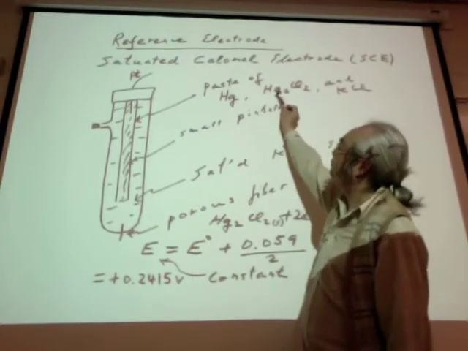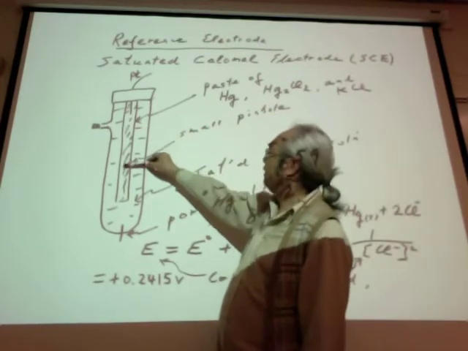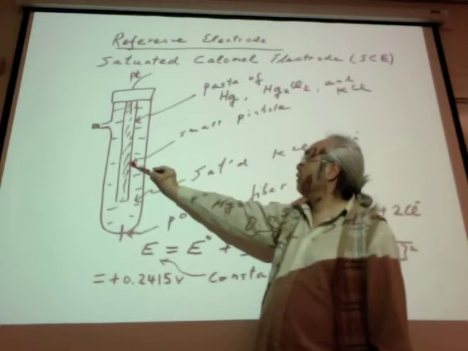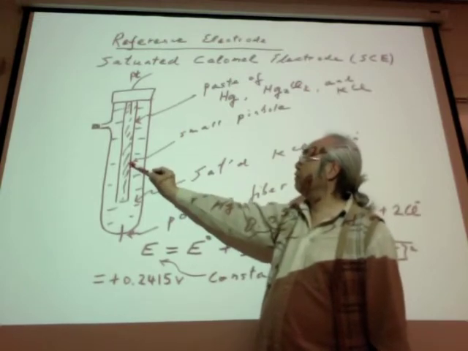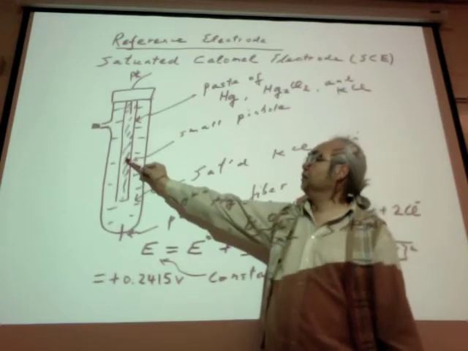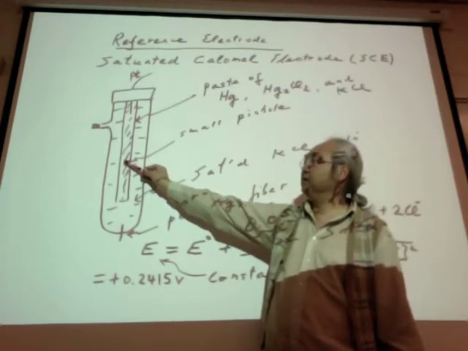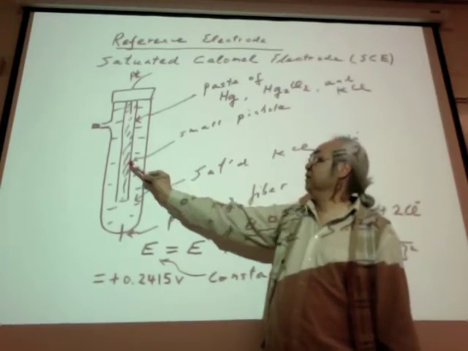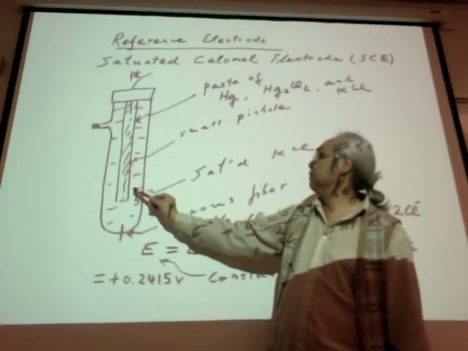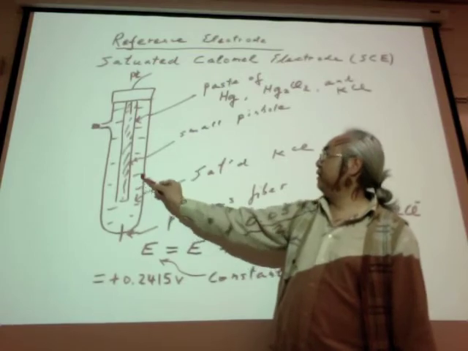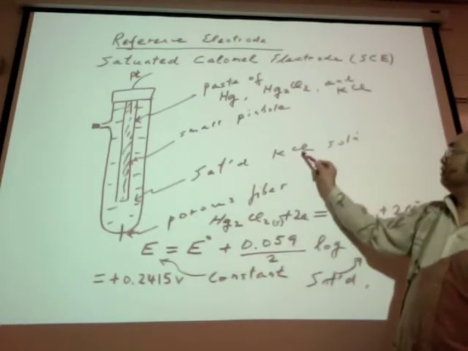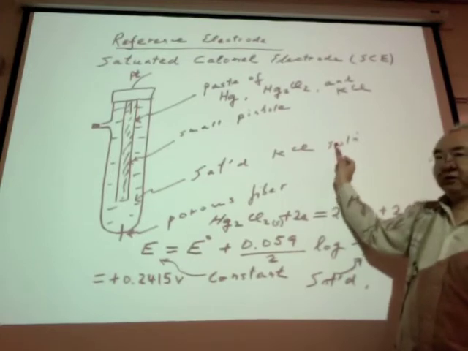The three form a paste, so it is conducting. There's a small pinhole for interaction between the internal paste and the external saturated solution. What's saturated in here is KCl. It's not solid, it's a solution.